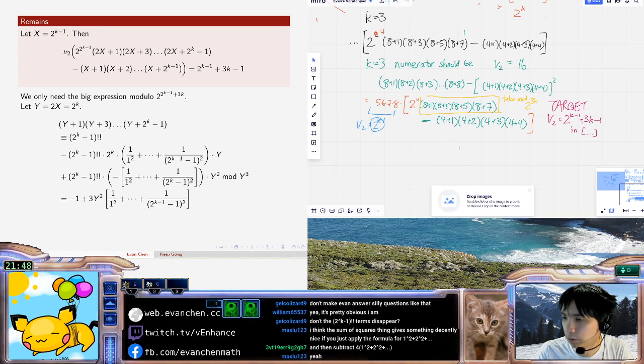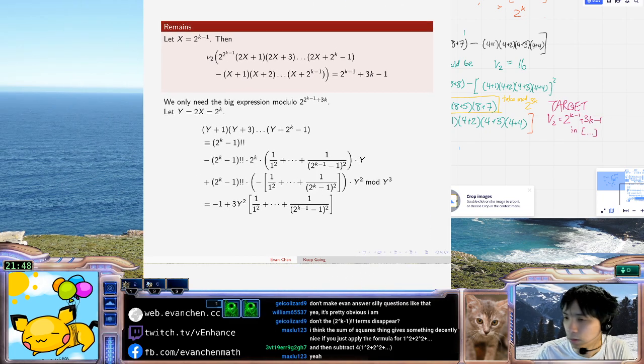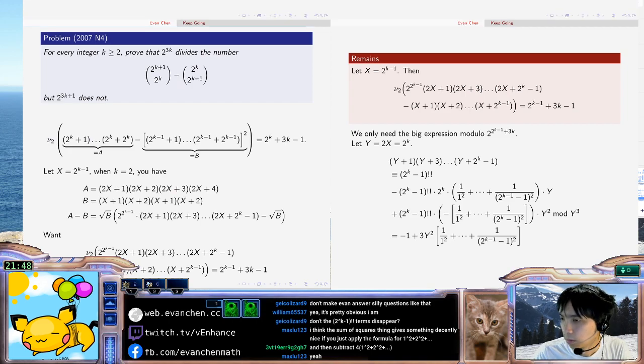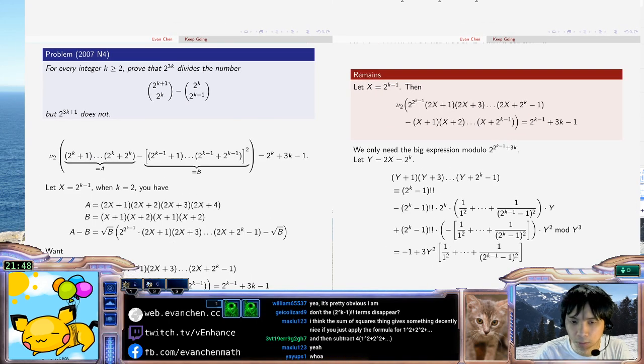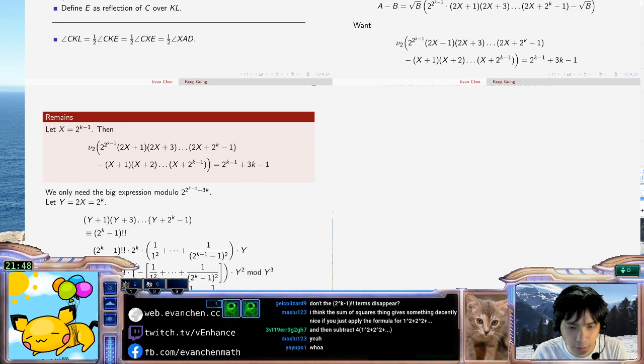okay, at this point I'm going to expand this thing. Technology is amazing, right? Okay, so the sum of squares thing mod y, we're looking at the sum of 1 squared plus 3 squared plus so on, essentially we're trying to compute this number, give or take factors of 2.